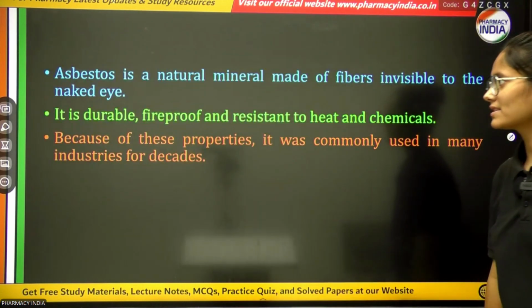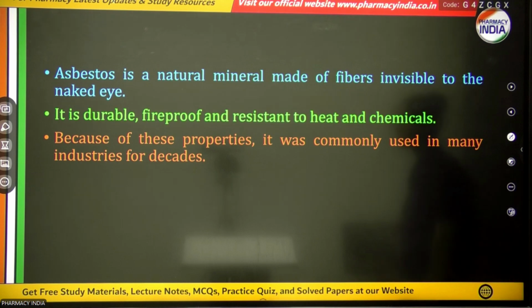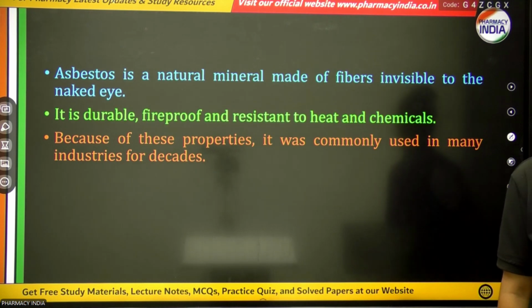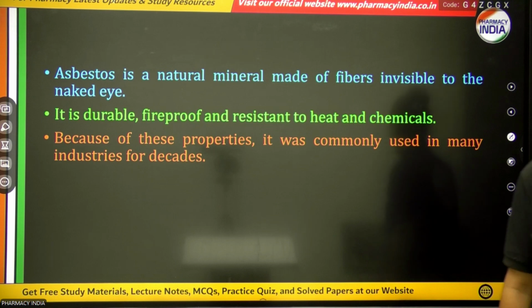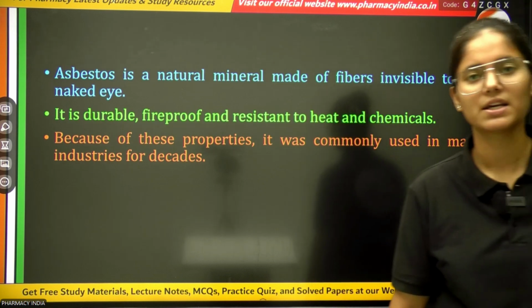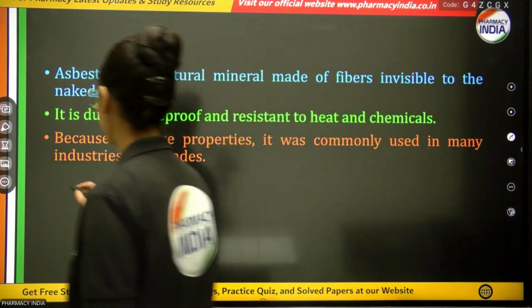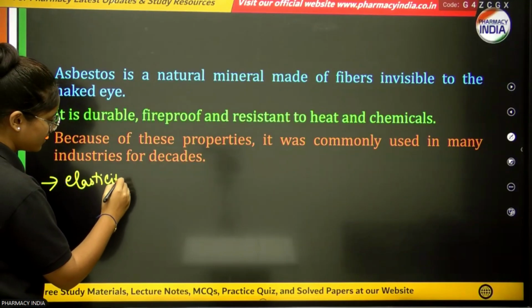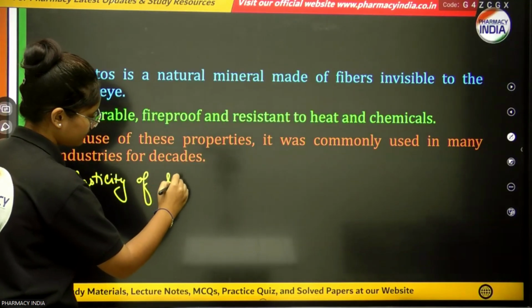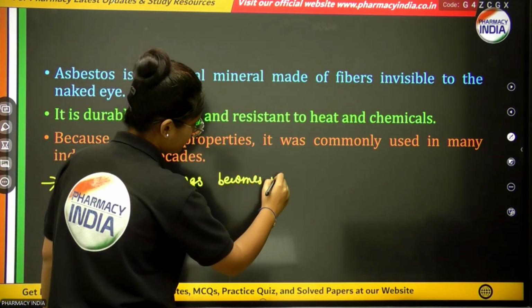Here, asbestos is a natural mineral made up of fibers invisible to the naked eye, as you cannot see asbestos in nature. It is durable, fireproof, and resistant to heat and chemicals. Because of these properties, it was commonly used in many industries for decades. And what is emphysema? In emphysema, the elasticity of your lungs becomes weak.